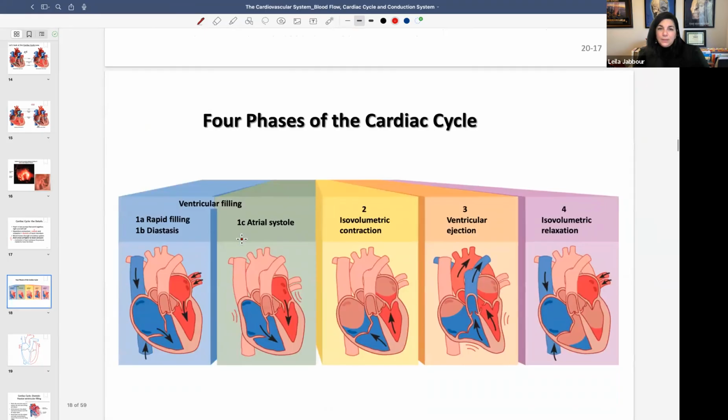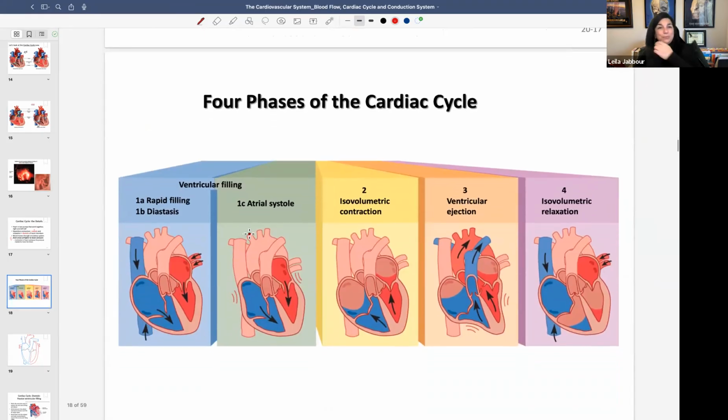Okay, so there are 4 phases to the cycle. There is the ventricular filling. That's the first phase. So that's when the story starts, where we have the atria dumping the blood down into the ventricles, and that's called ventricular filling.